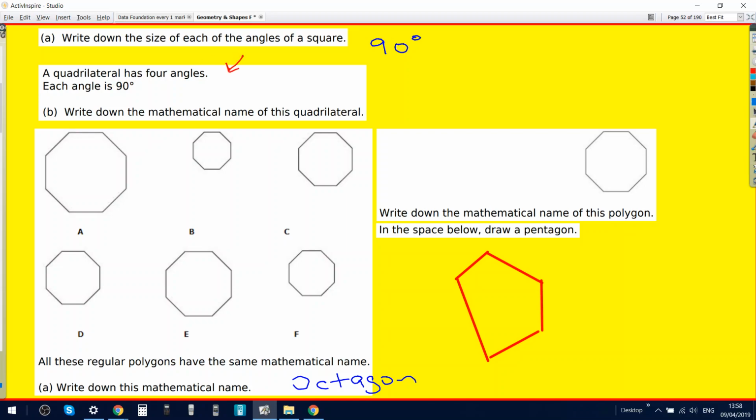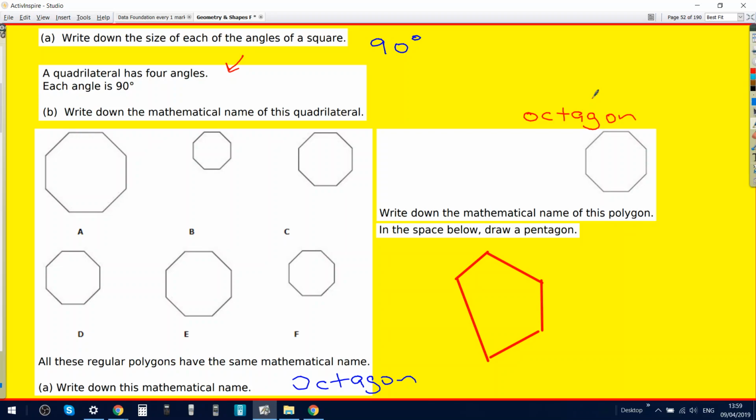And how about this question here? Write down the mathematical names. Which angle is 90? Four angles, all right angles.